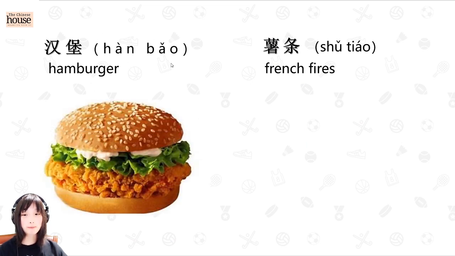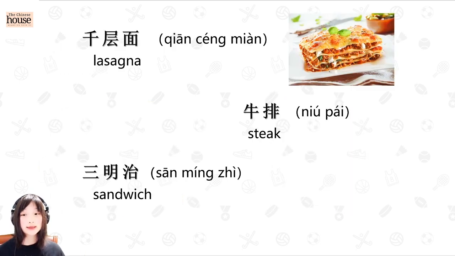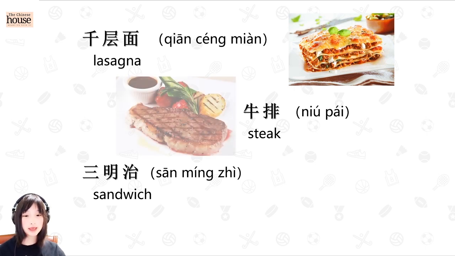Hamburger, 汉堡. French fries, 薯条. 薯 which means potato, 条 which means stick. 薯条, French fries. And then lasagna, 千层面, read after me. 千 flat tone, 层 second tone, 面 first tone. 千层面.